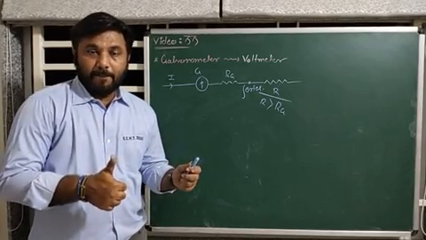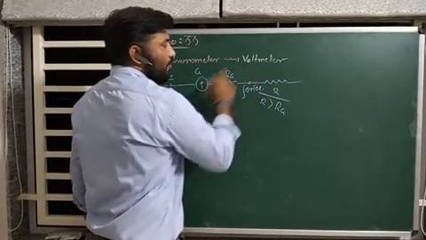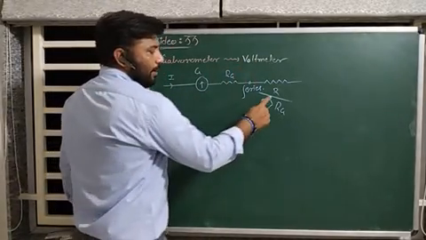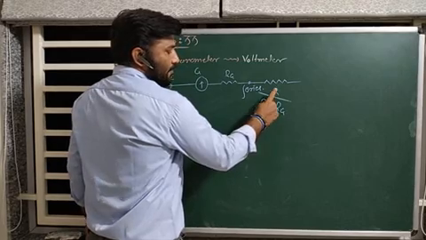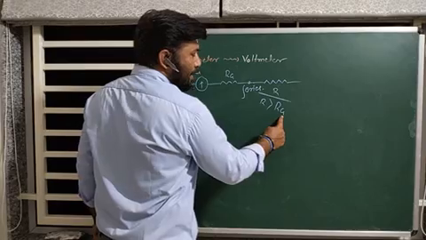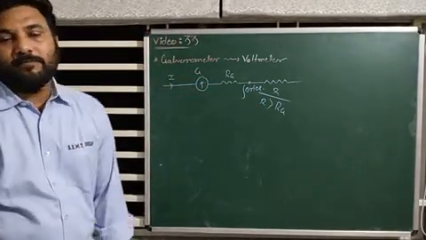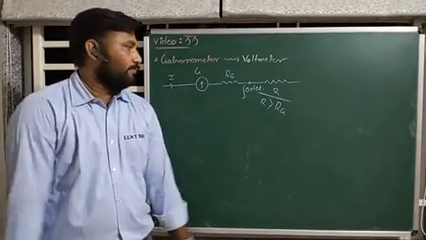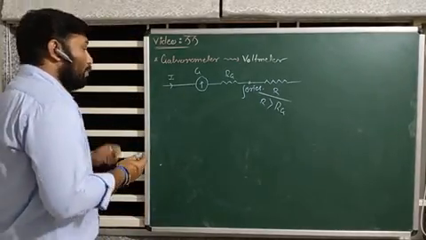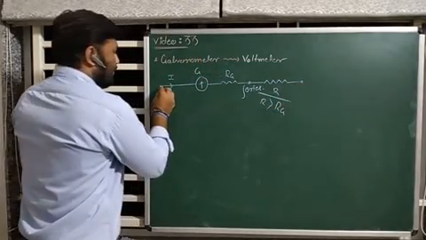Once again, to convert a galvanometer into a voltmeter, a resistance R more than the resistance of the galvanometer is connected in series with the galvanometer.